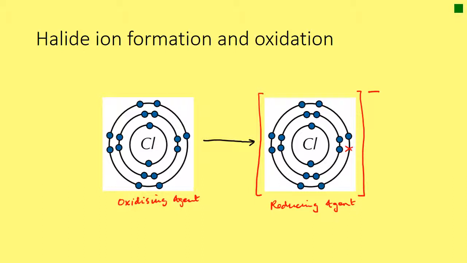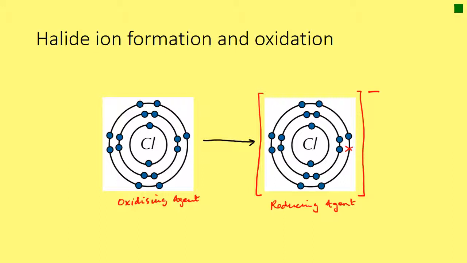So if the halide, in this case chloride, is going to take part in a redox reaction, it can't gain another electron because it's already got a full outer shell, and it's already negatively charged. So you know it's not going to gain another electron. If anything is going to happen at all, it's going to lose this electron.